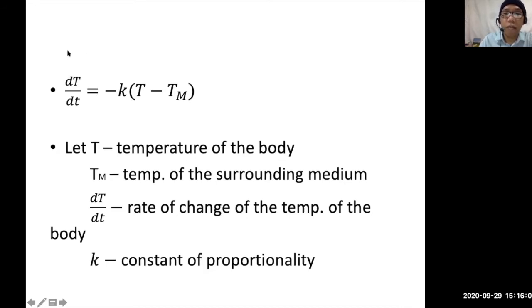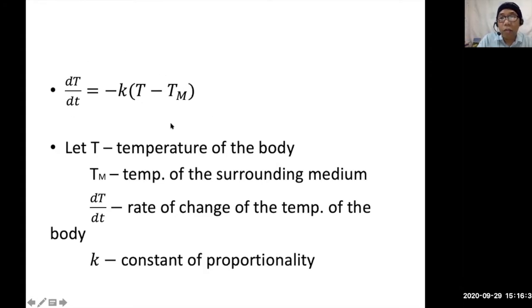So the rate of change of a temperature of the body, may it be cooling or heating, is proportional. So you have this K to the difference between the temperature of the body and the temperature of the medium surrounding the body, or this is the constant temperature. Okay, so ito yung equation natin.